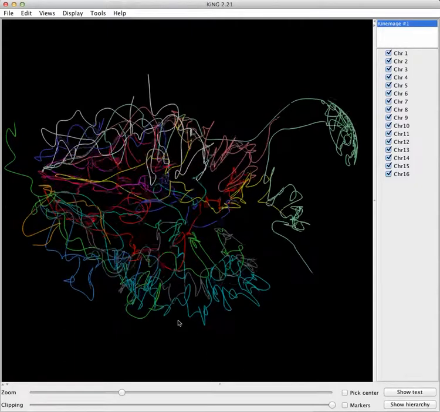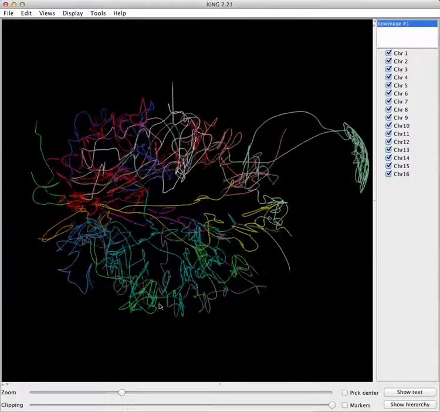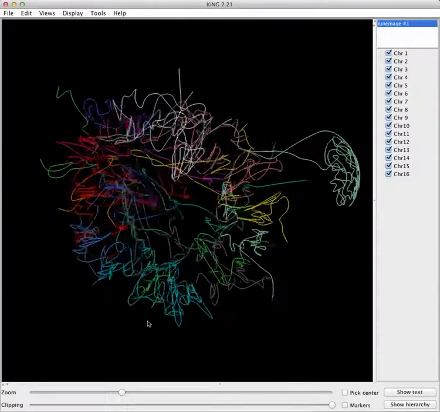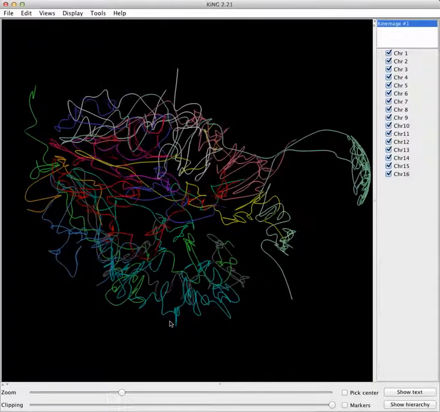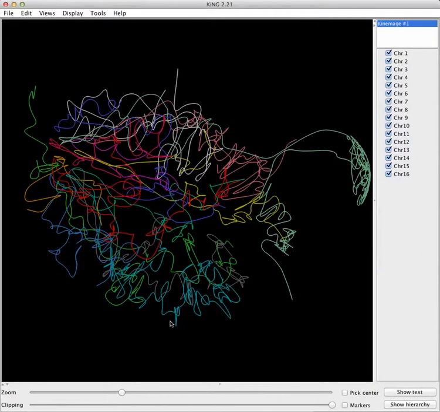And what we see here is a structure of the 16 chromosomes of yeast at a resolution that you would consider to be sort of like a 4 angstrom protein structure. At 4 angstroms in proteins, you can see the general outlines of helices and sheets and so forth, but you can't really understand the atomic interaction of the individual atoms and charges and so forth in the structure.